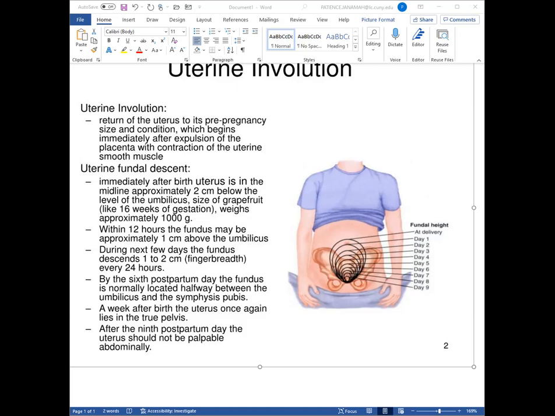Now let's talk about assessment. So when you are assessing a postpartum mother, what do you look out for? The weight of the uterus will decrease from approximately 2 pounds to 2 ounces in 6 weeks. The 2 pounds is about 900 grams.